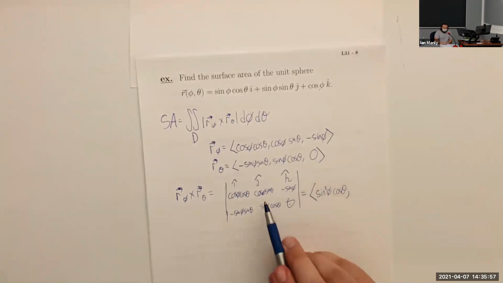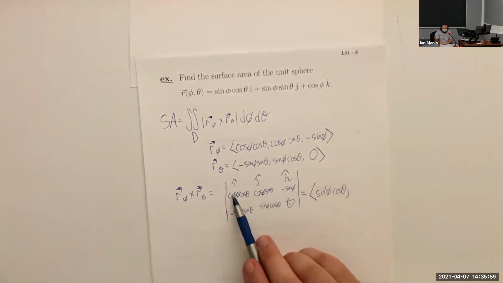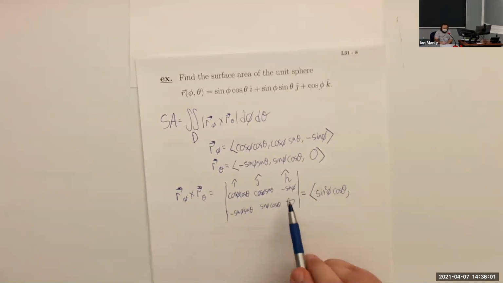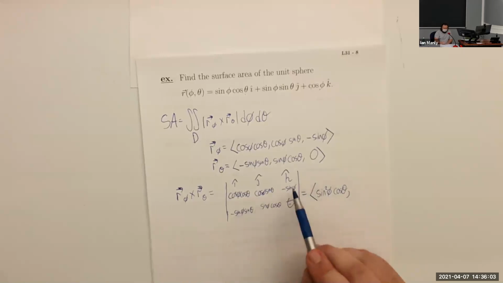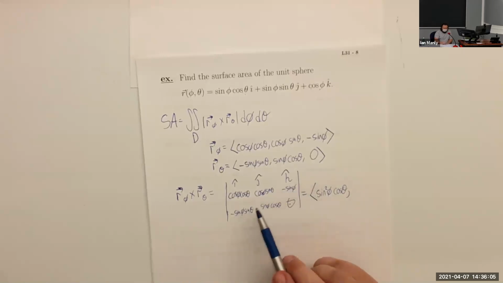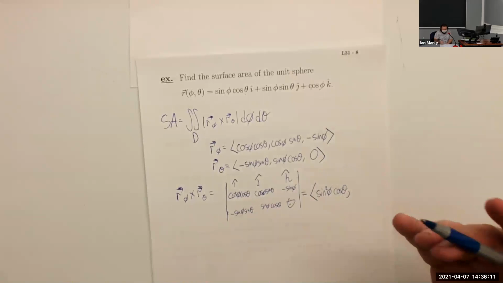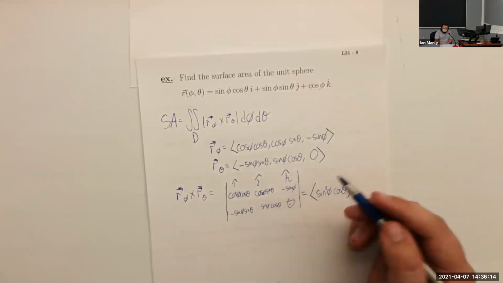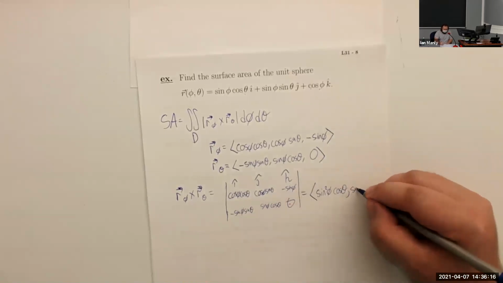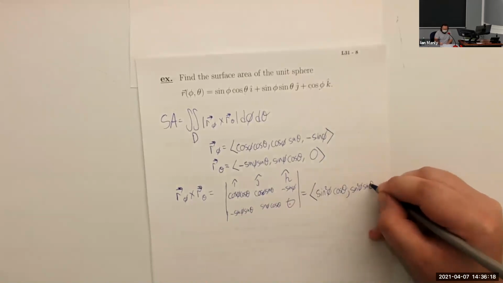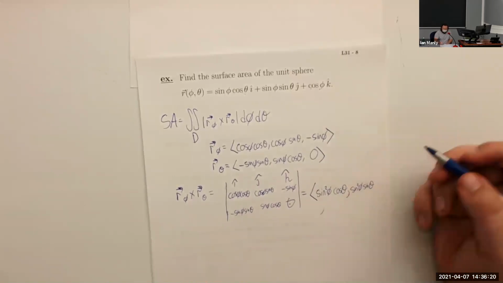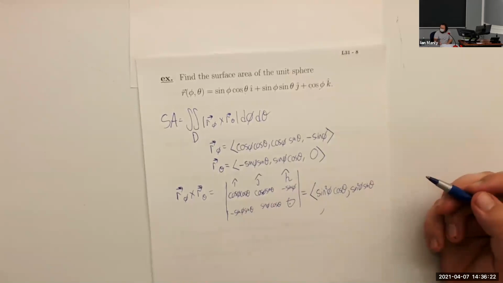All right, next let's move on to our j component. We have this times 0, which is again 0. And then we have this times this, but we're subtracting it, but it's the j, and then we have 2 negatives already. So there's 4 negatives involved with that, which washes out to be a positive. So we have sine squared of phi, sine of theta for that. All right, I ran out of room on this line. Let's see.